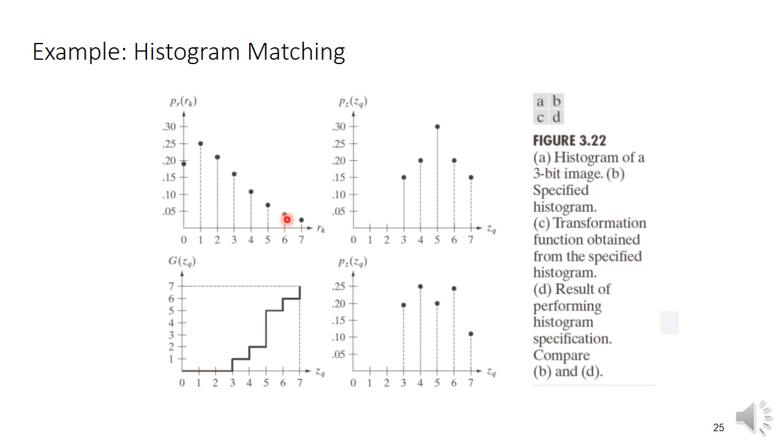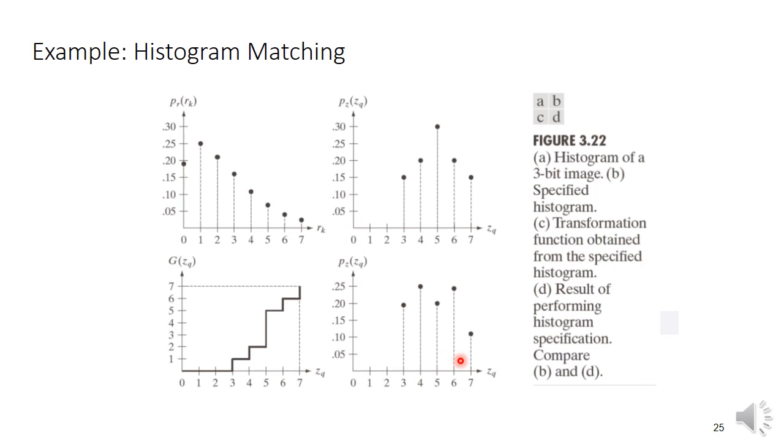And then here we have image B, which is the specified histogram that we want to convert this to, this function probability ZQ. So here we have the transformation function which was obtained from the specified histogram. And again, as the result of performing histogram specification, we get this.